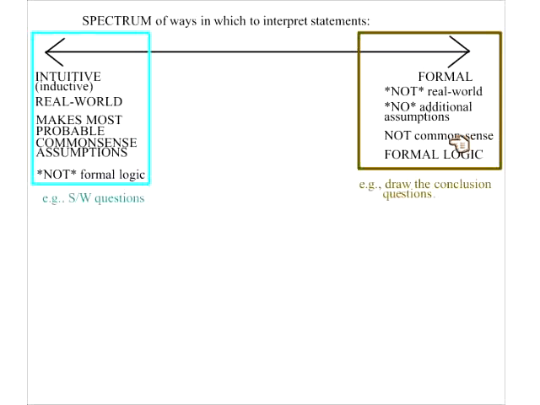The objective of the GMAT here is to test your thinking skills in both of these arenas. Anyone approaching the critical reasoning section with only this kind of thinking is going to be out of luck, because you're going to get all of these wrong. Also, anybody approaching the critical reasoning section with only that kind of thinking is similarly going to be out of luck, because for the questions that require formal logic, you're dead.